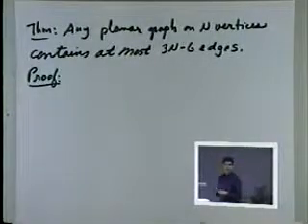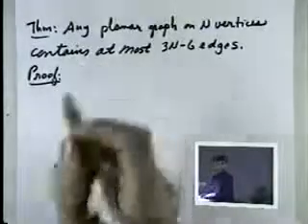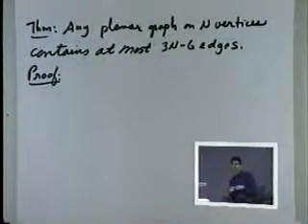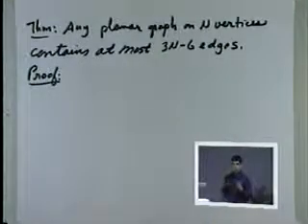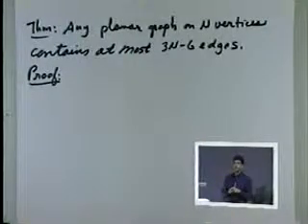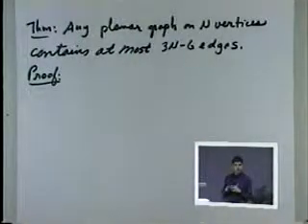Okay. So the first comment is that if we have a planar graph, wherever there's not a triangle, wherever there's a square or something, we can add edges to make everything triangles.